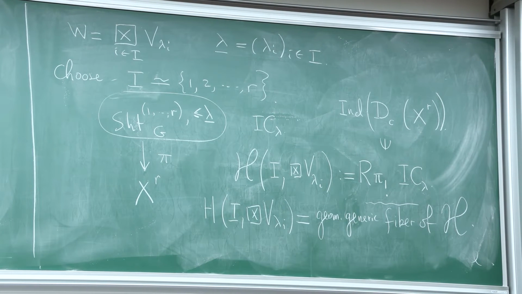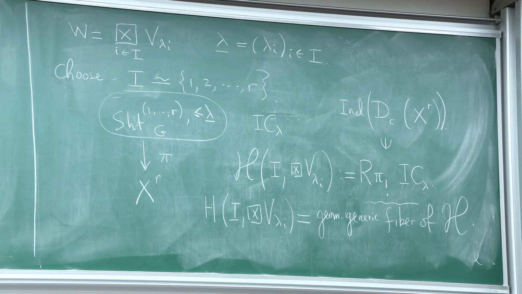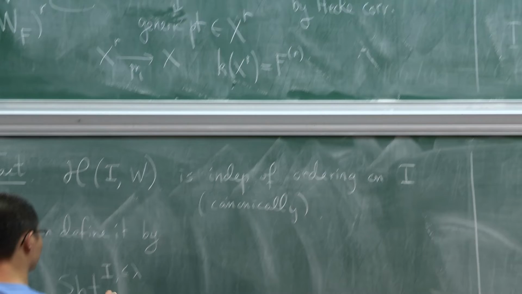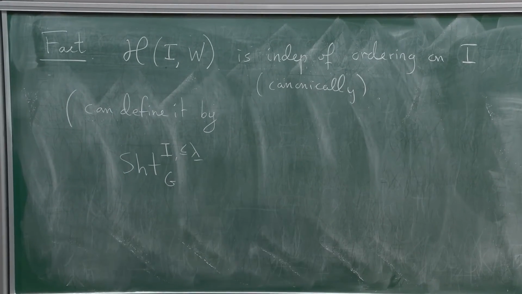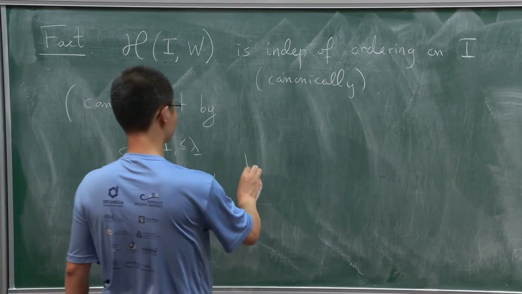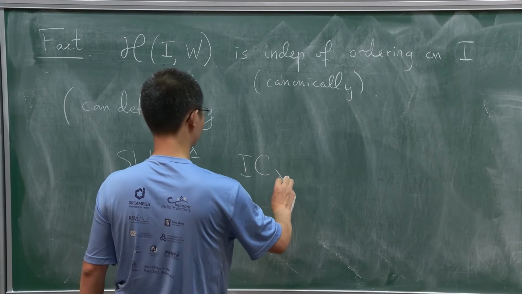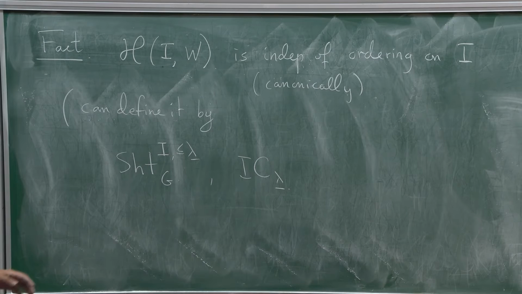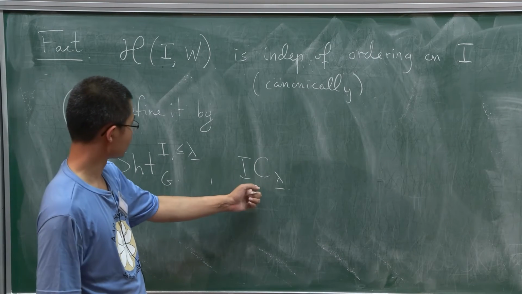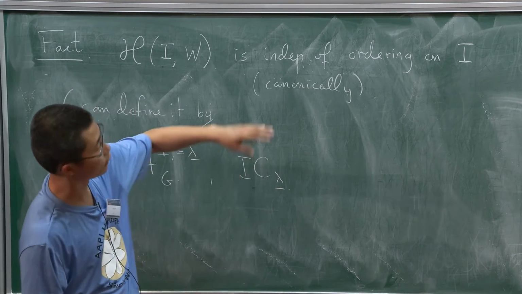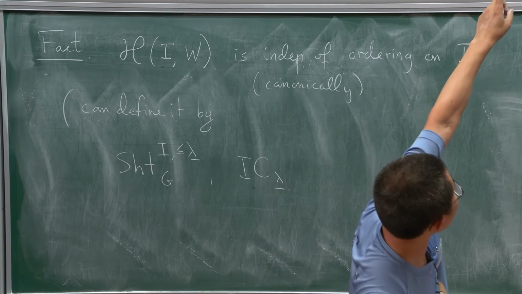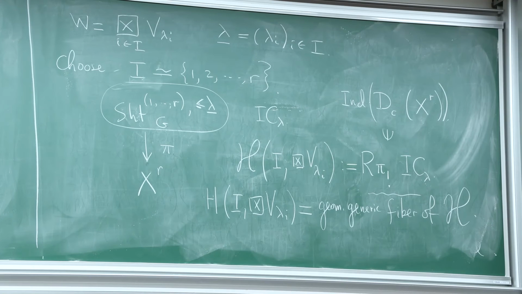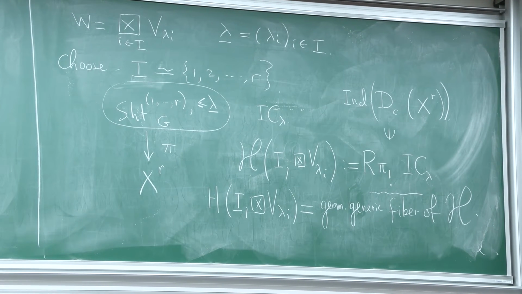Okay, so we can just define it using this non-iterated version. It also carries an IC sheaf, which a priori it's not clear how to calculate, what it looks like. In the iterated version, we related the Shtukas to a product of affine Grassmannians, and we can make calculations there.